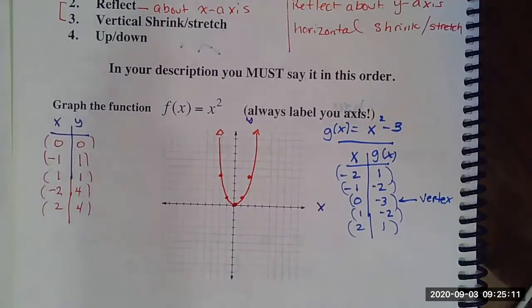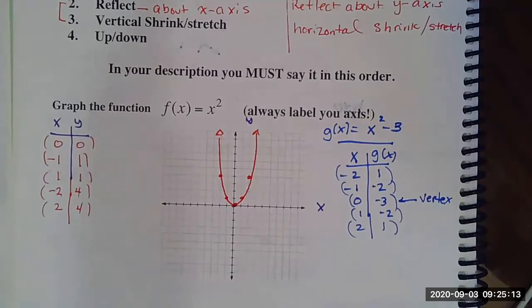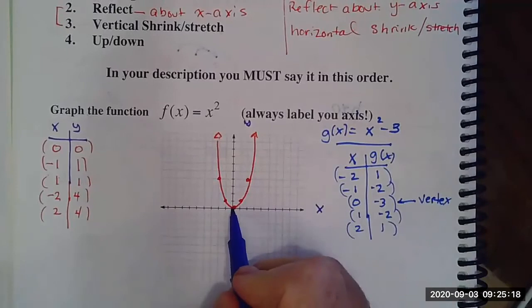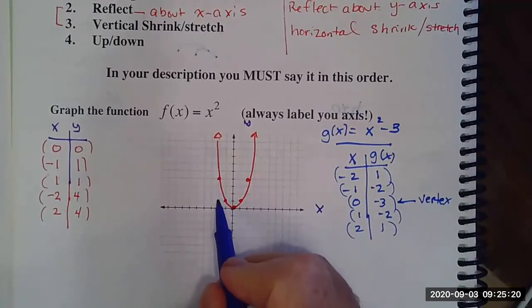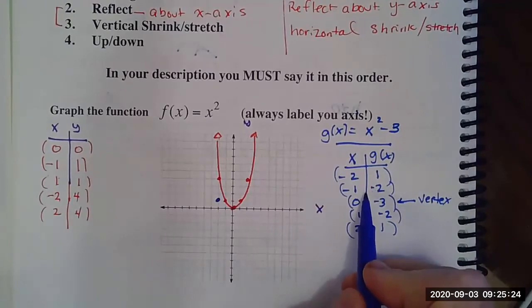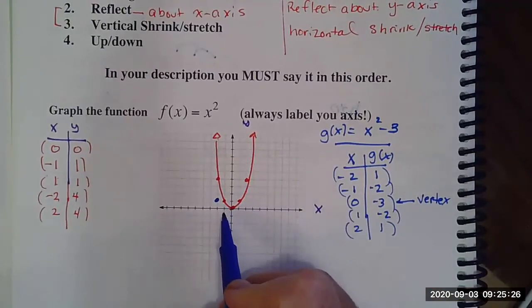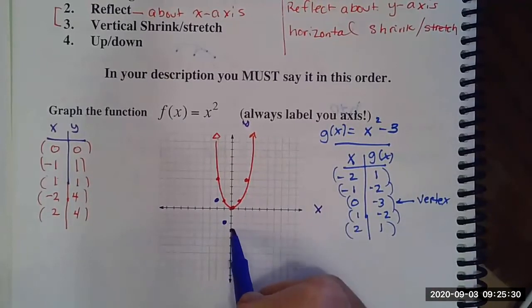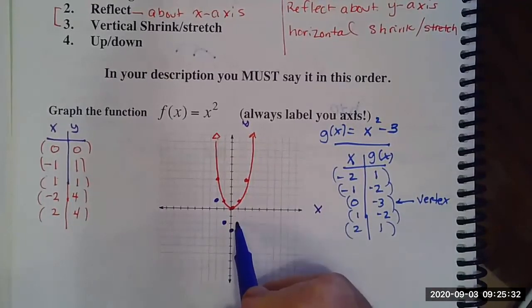Okay, I'm plotting that. Now I'm going to plot it in blue or purple, whatever this thing is. So -2, 1. So -1, 2, 1. -1, -2. So -1, -2. And 0, -3. 1, -2.